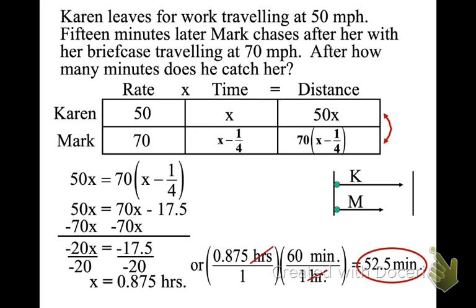Okay, questions? Yes. Is there any other way to represent that Mark is going faster? Well, what do you mean any other way? We're showing it with 70. That's the speed. Oh, on the little diagram? No, not really. You could put 70.